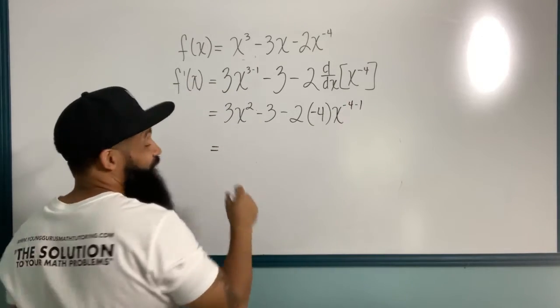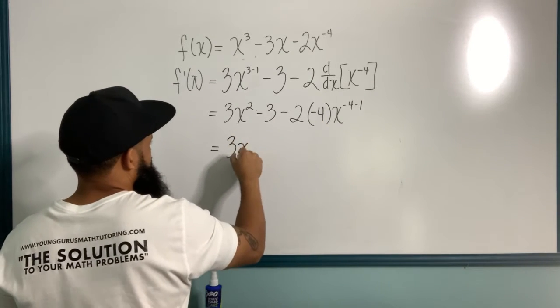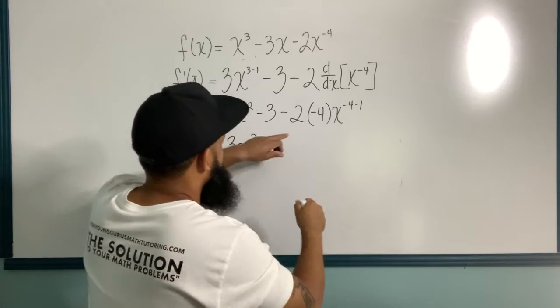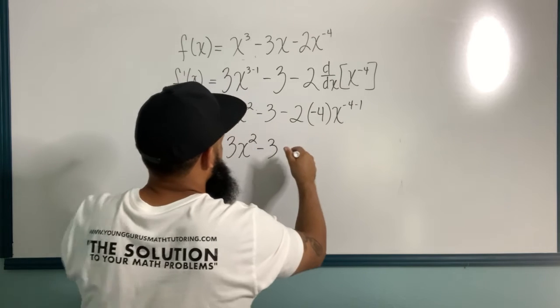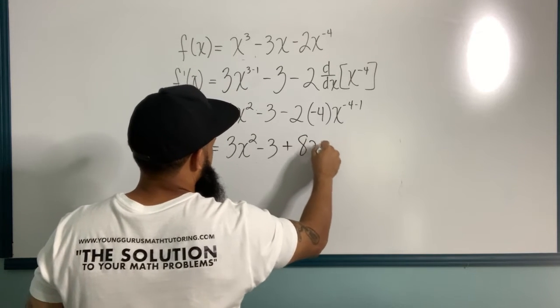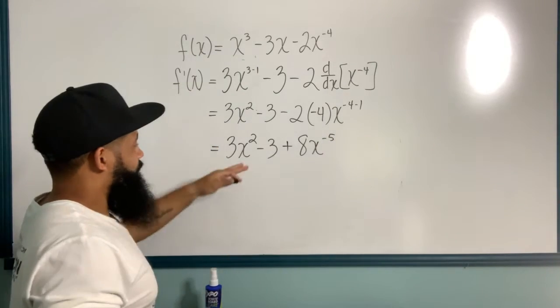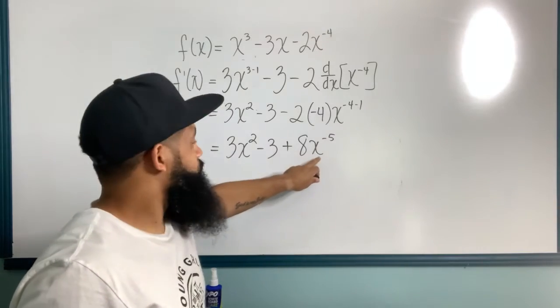Now let's simplify. 3x squared minus 3. 2 times negative 4 is negative 8, so minus negative 8 is plus 8x to the negative 5th power. Now, I'm going to make this a positive exponent.